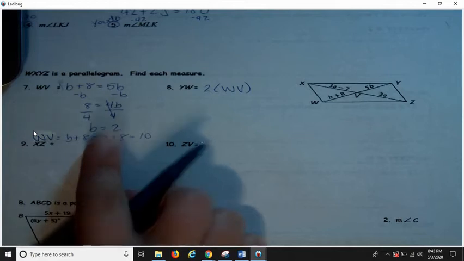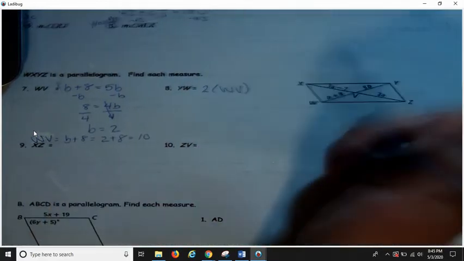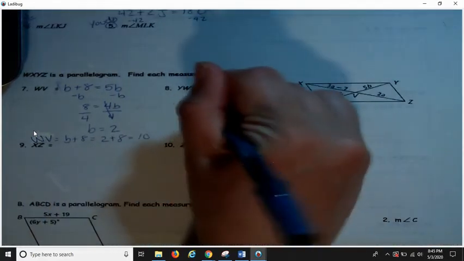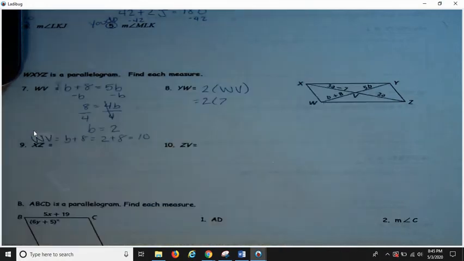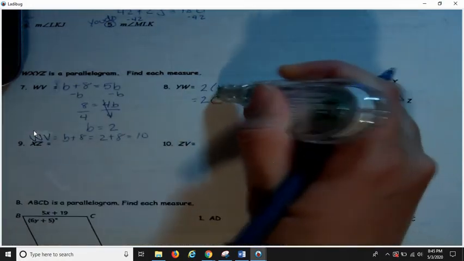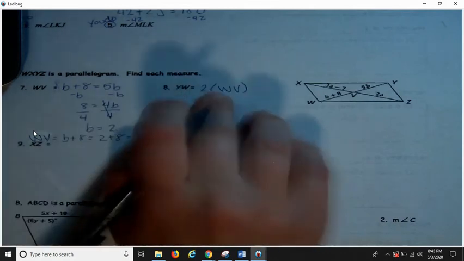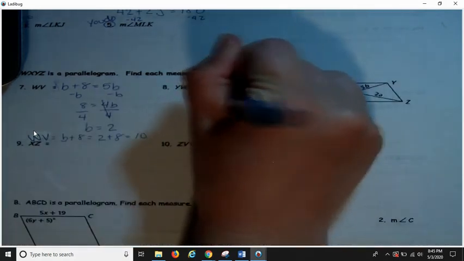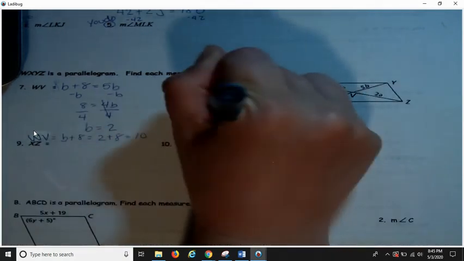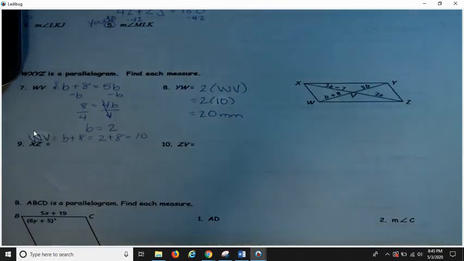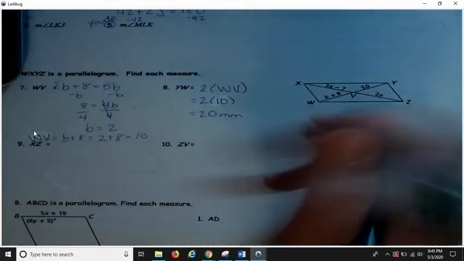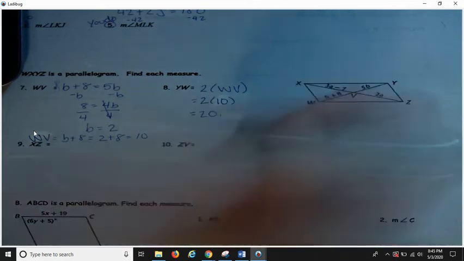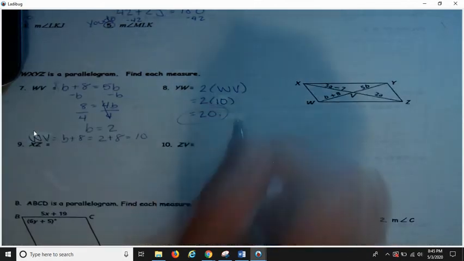Either method is totally fine. We know that WV was 10, so we should have 2 times 10, which is 20. They didn't give units for this, so we'll just say 20. This will be our solution.